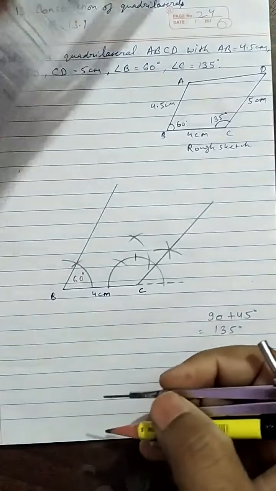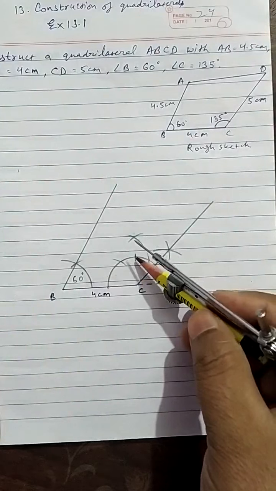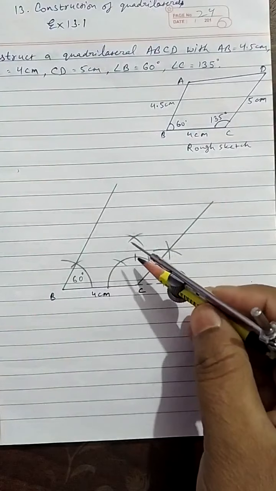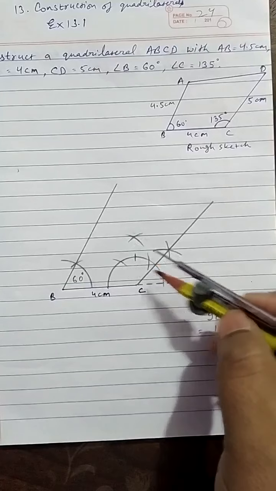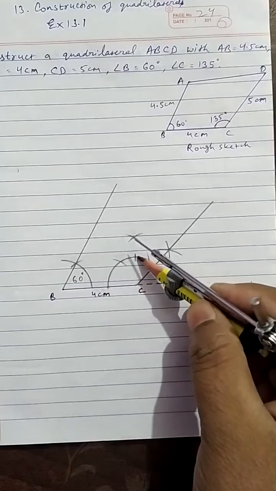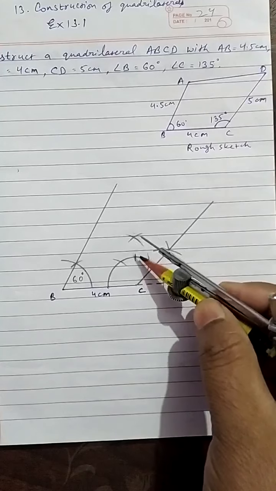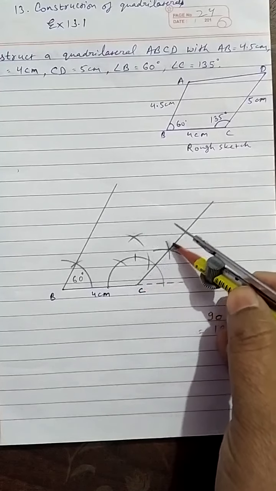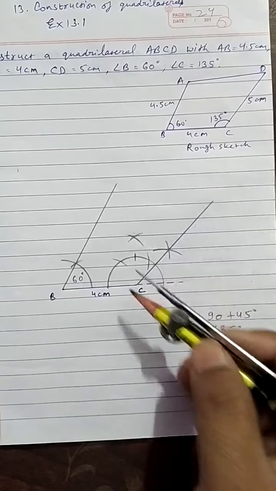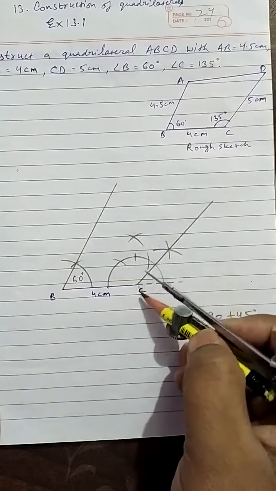What we have done is, we have first constructed 90 degrees here, and then the bisector of the leftover 90 degree part. From here to here it is 90 degrees, and from this side this is 0 and this is 90 degrees, and we have bisected 90 degrees to draw a 45 degree angle on this side, so that 90 degrees plus 45 gives you 135.